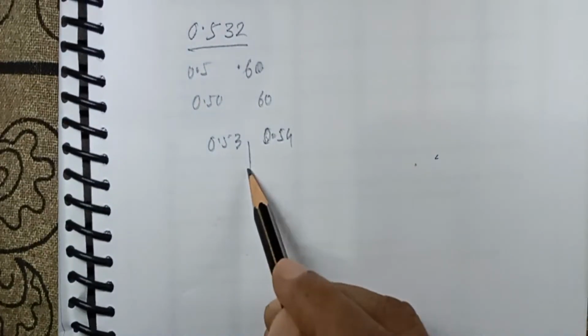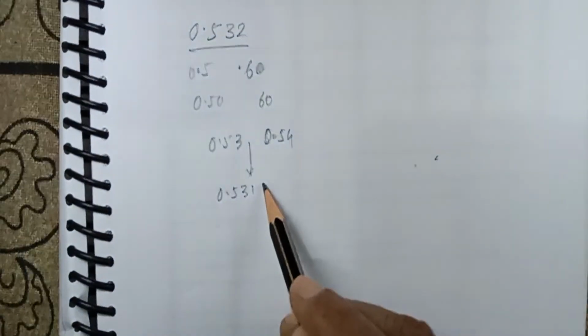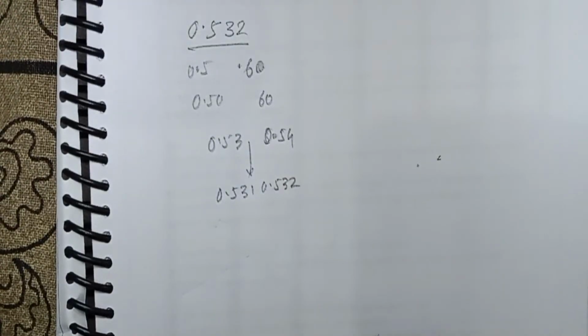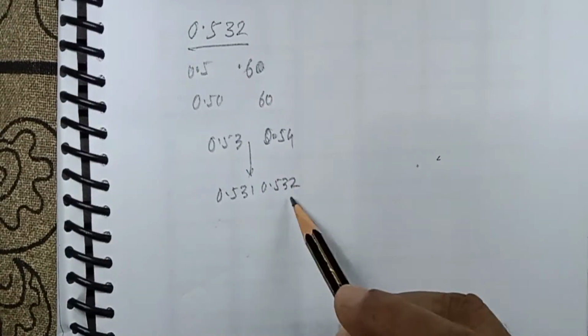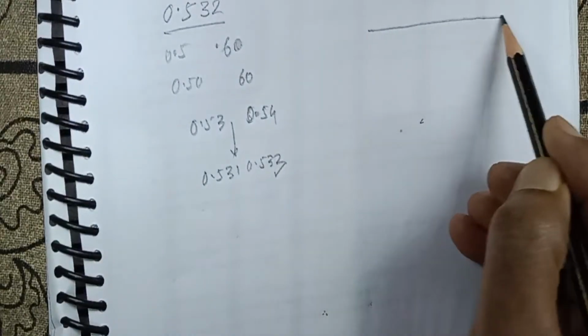So in between the numbers will be 0.531, 0.532. Okay, you'll get 0.532. Like that, you have to draw the number line.